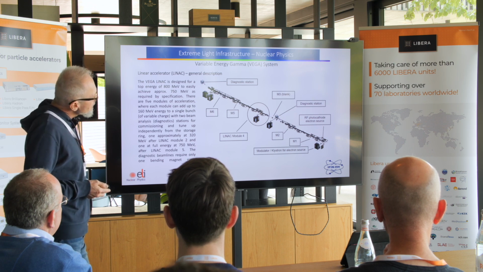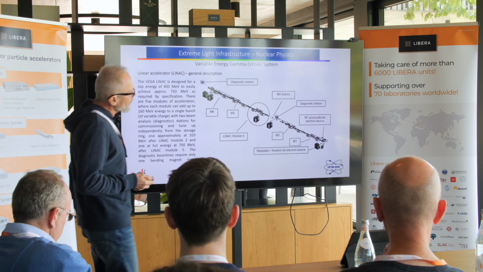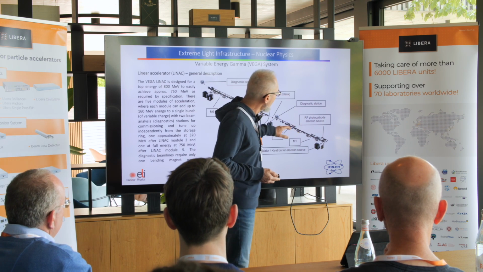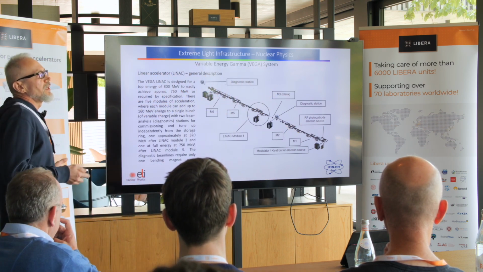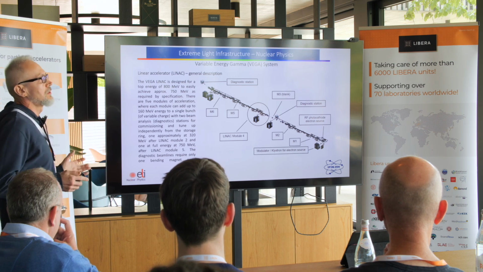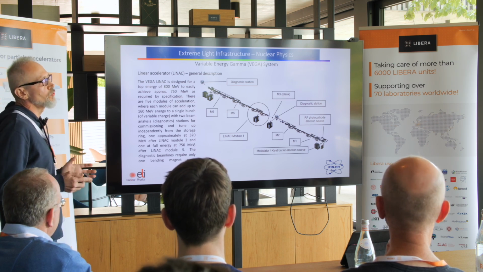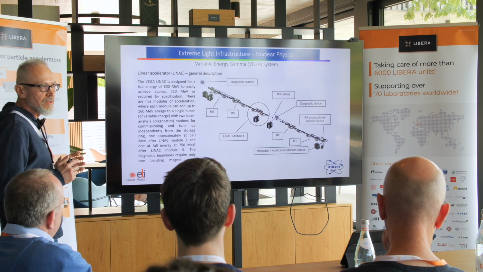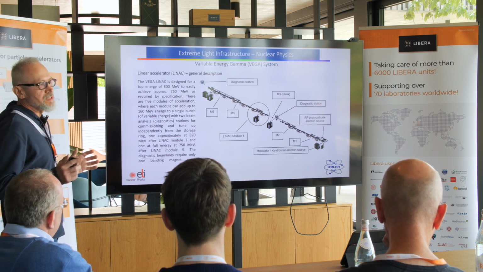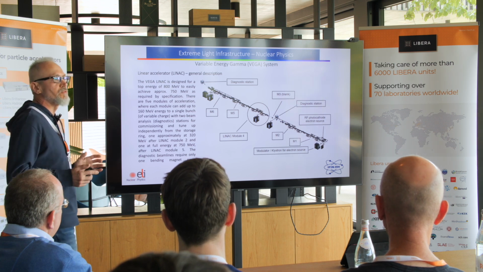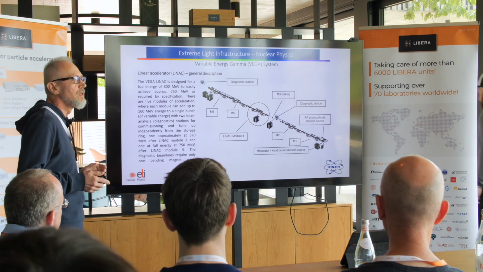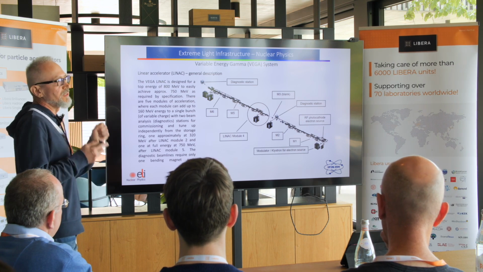Besides this, at the end of each module we have a group of quadrupoles. They could be in groups of 3 or 4, and they are used mainly for focusing the beam. We can focus horizontally and vertically, but these quadrupoles are also used for steering the beam horizontally and vertically.